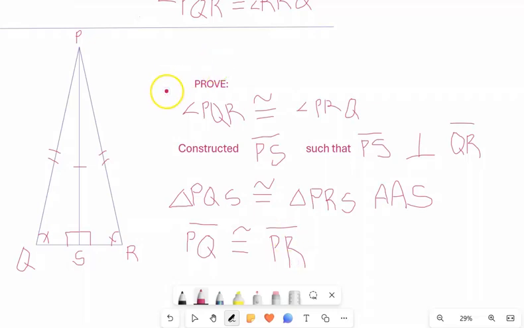Also, since segment QS and segment SR are congruent as well, as we can tell because they both have the same right angles and the same angles in the corner that are congruent, we know that S is the midpoint of QR.